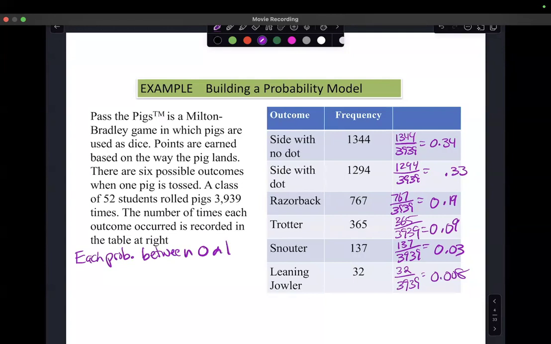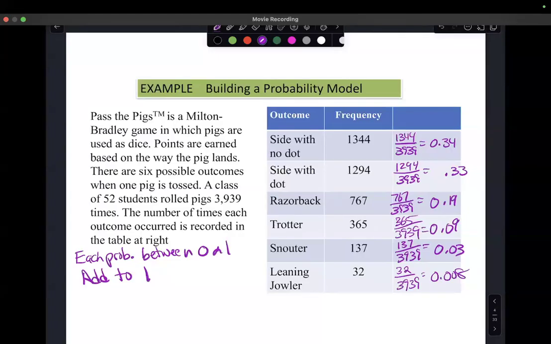The next thing, all of your probabilities are going to add up to 1. Now I rounded here, so if I added these numbers together, it's going to be slightly off because I rounded. But they're going to all add to 1, which is 100%, because this is 100% of my outcomes. I'm going to add these together and see what they end up being.